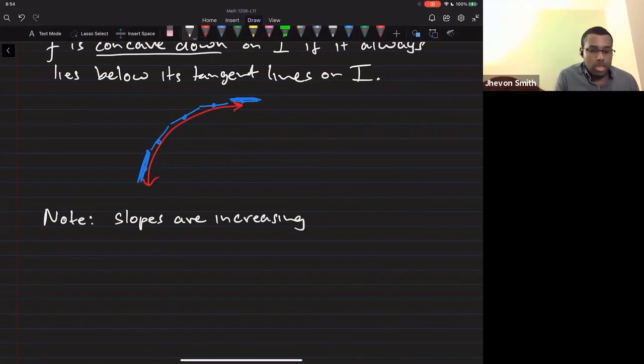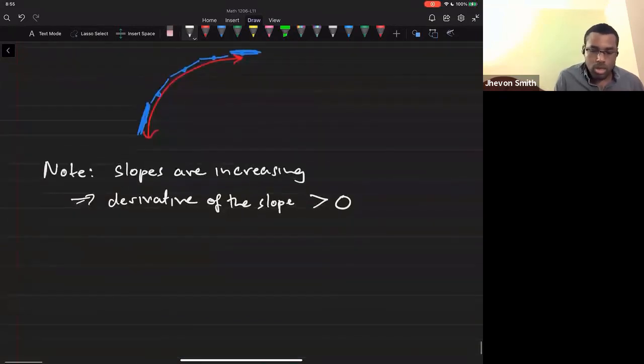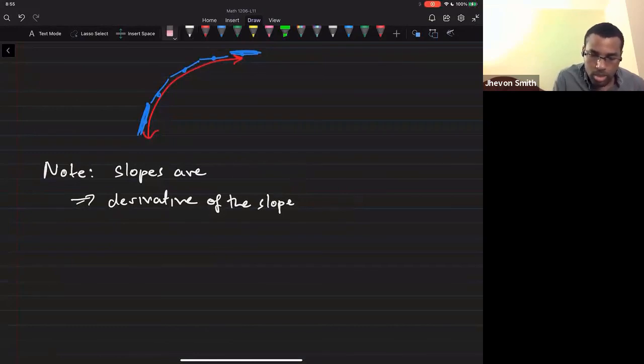And what that means is the derivative of the slope, and remember, slope is just a synonym for derivative, so this is like saying the derivative of the derivative is negative.